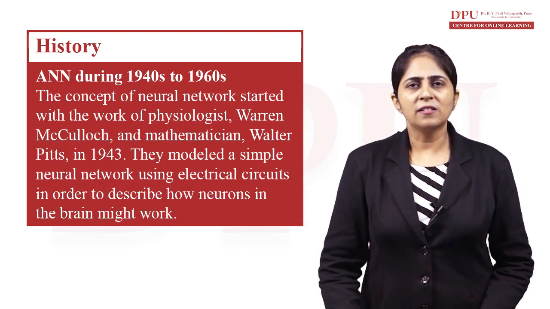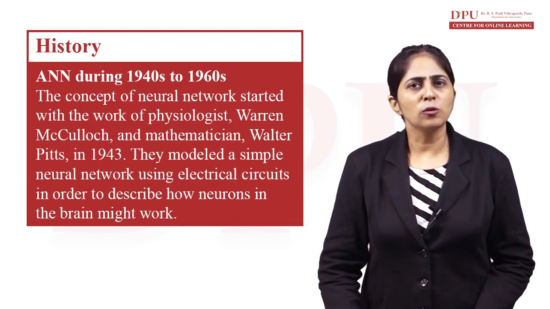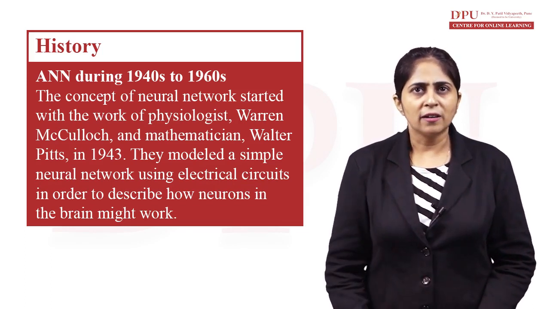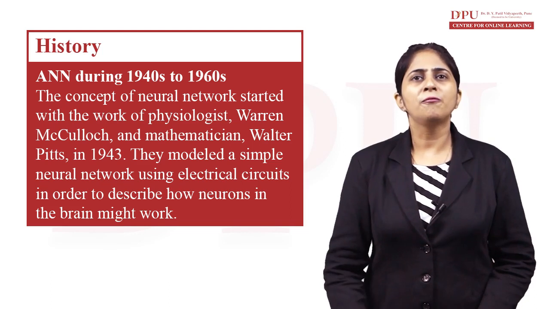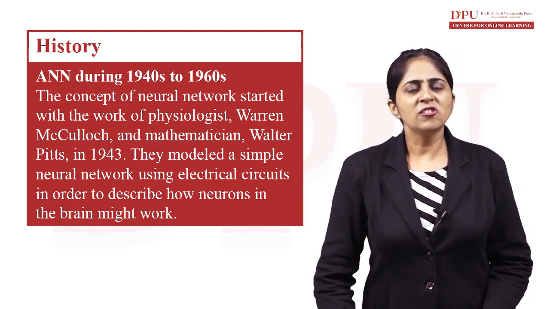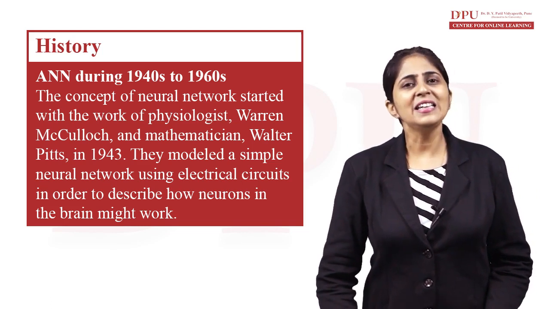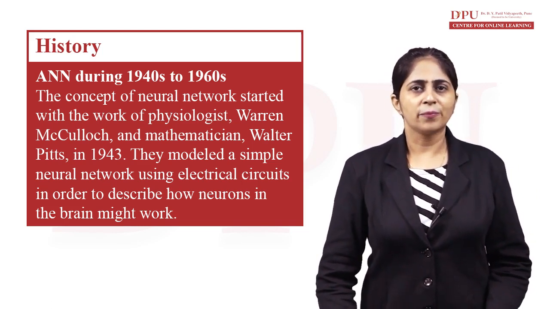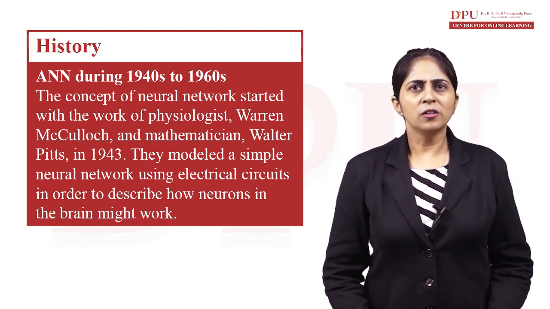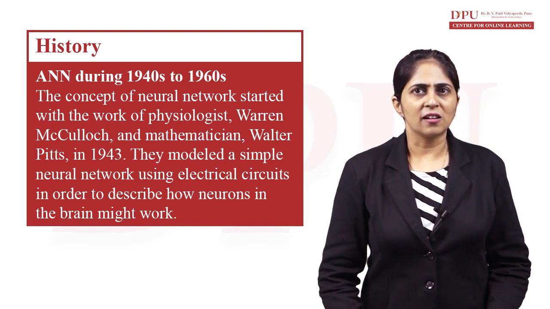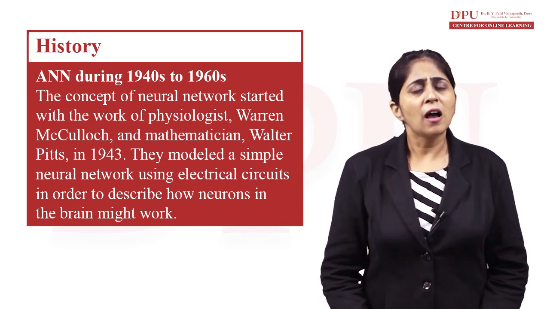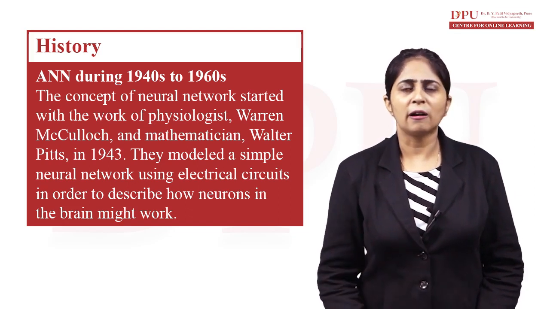Artificial networks during 1940 to 1960: basically the concept of neural network started with the work of physiologist Warren McCulloch and mathematician Walter Pitts in the year 1943. They modeled a simple neural network using electrical circuits in order to describe how neurons work in our brain.